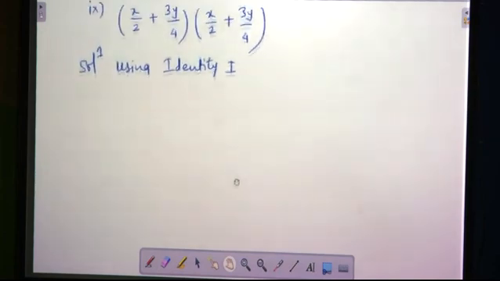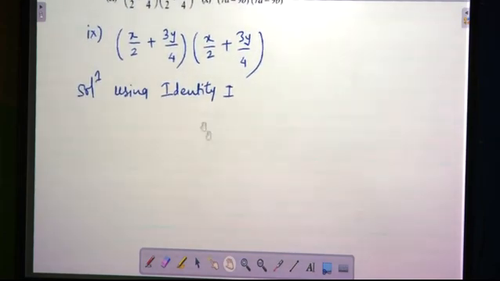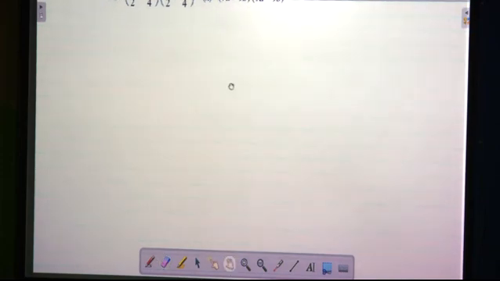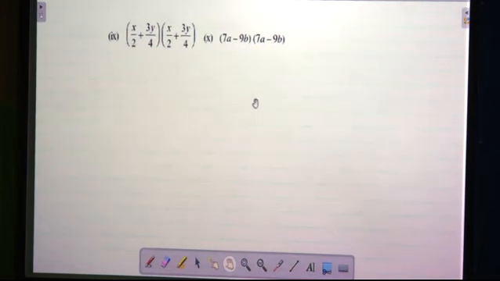Proceeding to the, this much part is remaining still. So, the 10th sum is 7a minus 9b in the first bracket, and in the second bracket the same is repeated, 7a minus 9b.